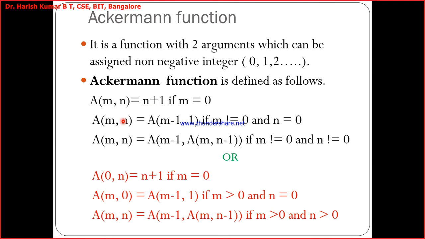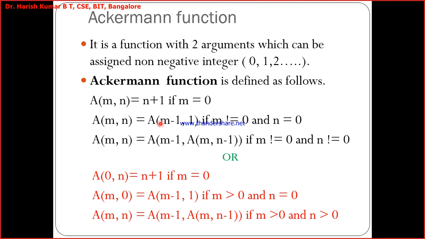Similarly, if I have m and n, two non-negative integers, where m is not equal to 0 and n is equal to 0. So m is not 0, that means it is greater than 0, and n is 0. The first argument is not 0 and the second argument is 0, the opposite of the previous case. Then the Ackermann function is defined as A of m minus 1 comma 1.